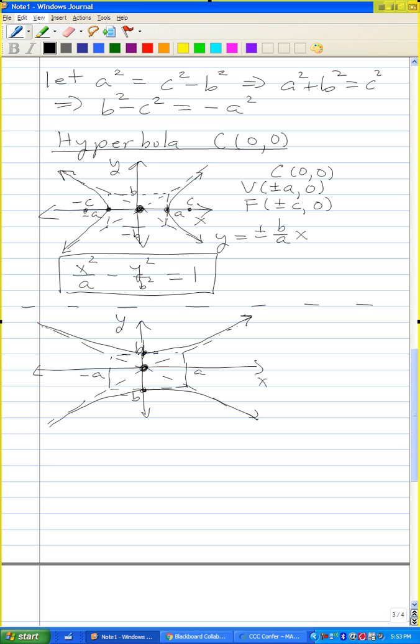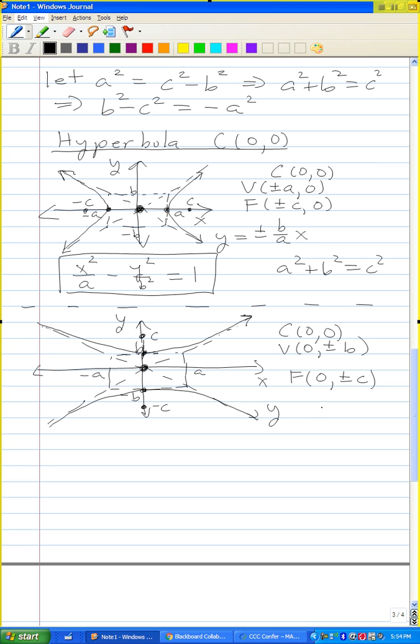Here is my center. And here are my foci. So the center is at the origin. Vertices are at plus or minus b. And the foci are at 0, plus or minus c, where of course a squared plus b squared equals c squared.